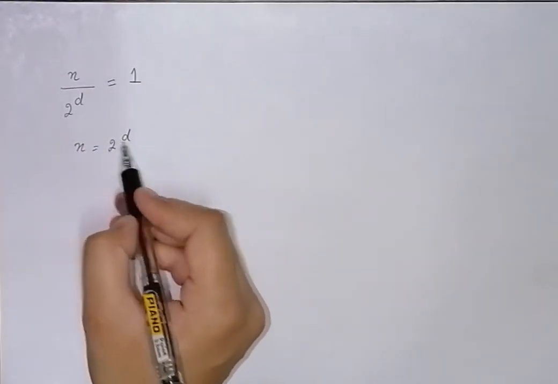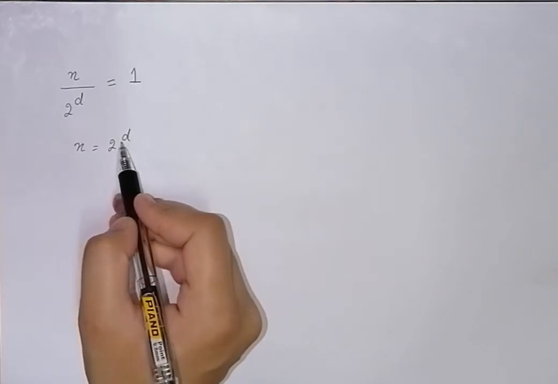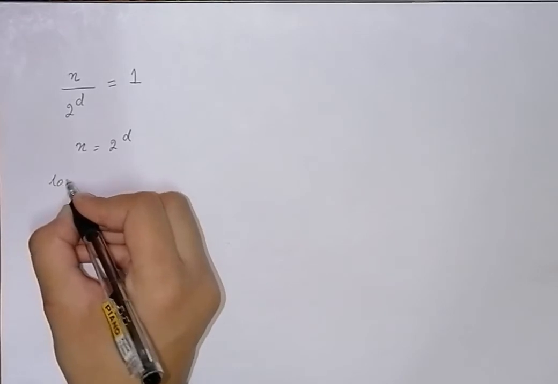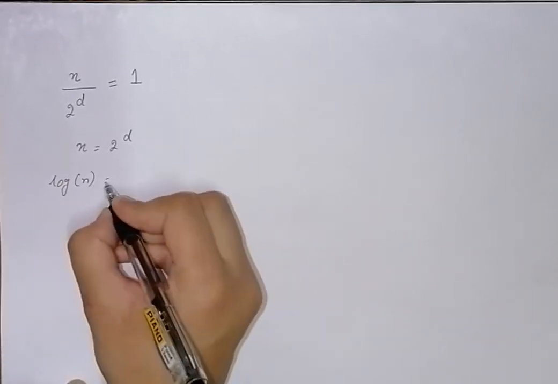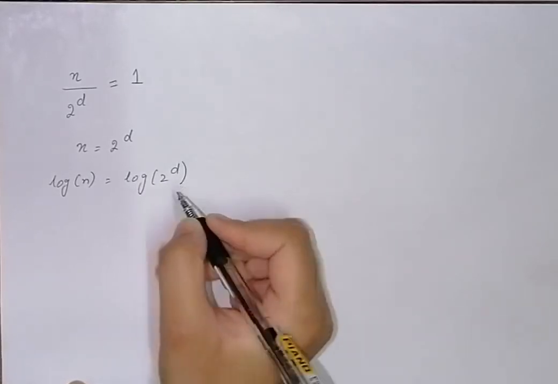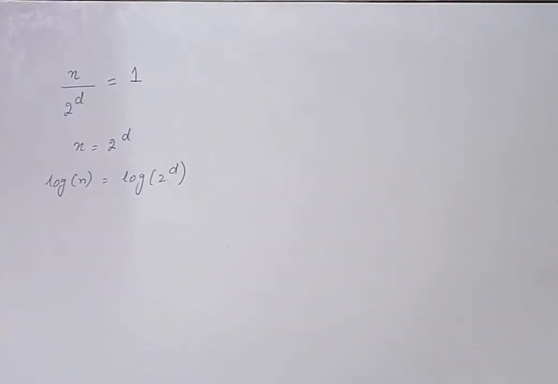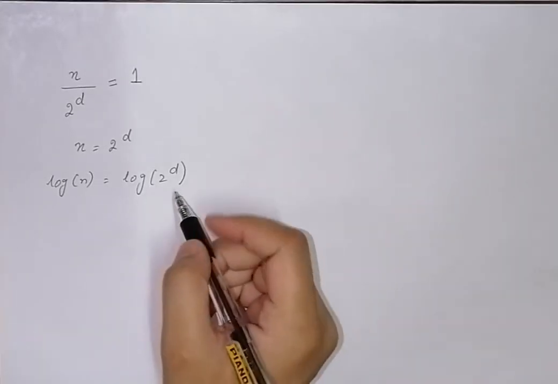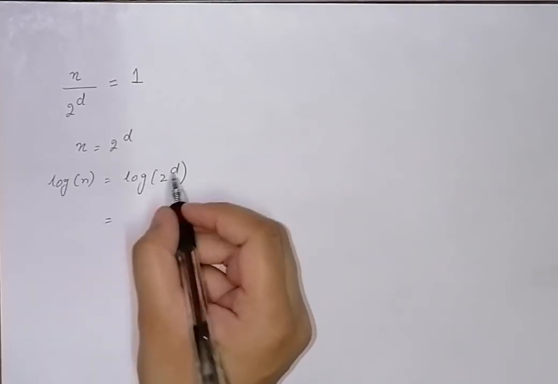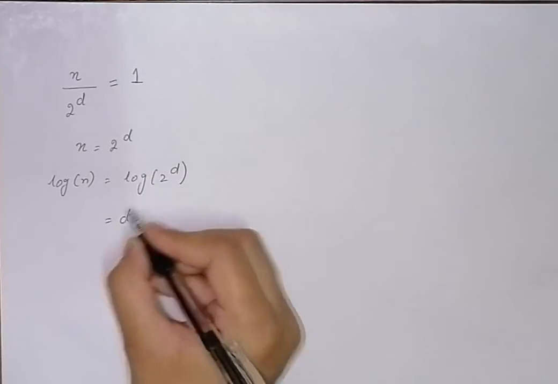Now I want the value of this depth, because this is my main target. So I'll apply log on both sides. Log of n is equal to log of 2 power d. Why I applied the logarithmic function here is because, as per the maths rule, anything that comes in the power inside the log will be multiplied outside the log.